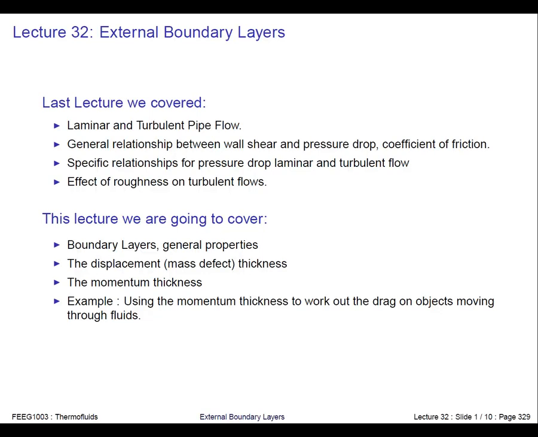So we're going to move on to external boundary layers in this lecture, and these are a lot more complicated because they're changing all the way along the surface, and we need ways to handle this as engineers. I'm going to introduce two thicknesses, displacement and the momentum thickness, and I'll give you an example of what we use the momentum thickness for.